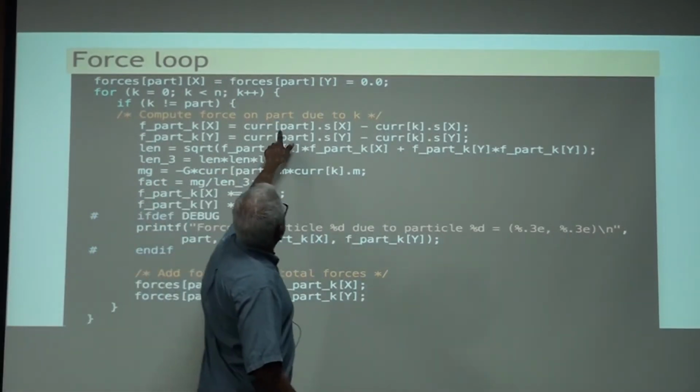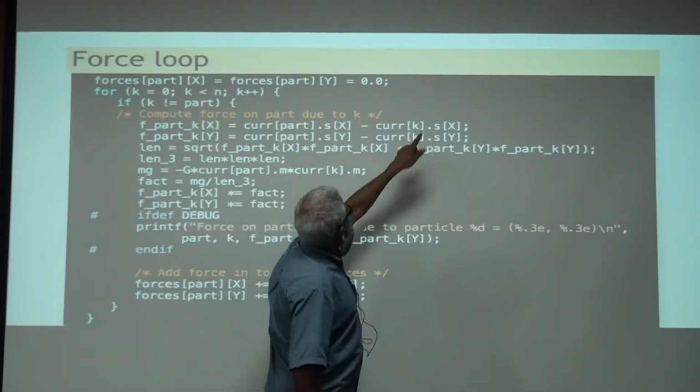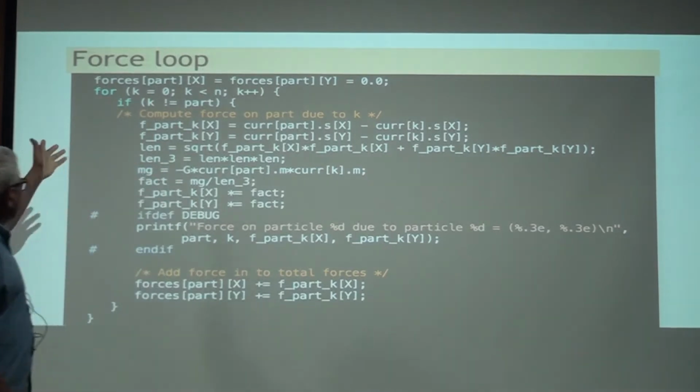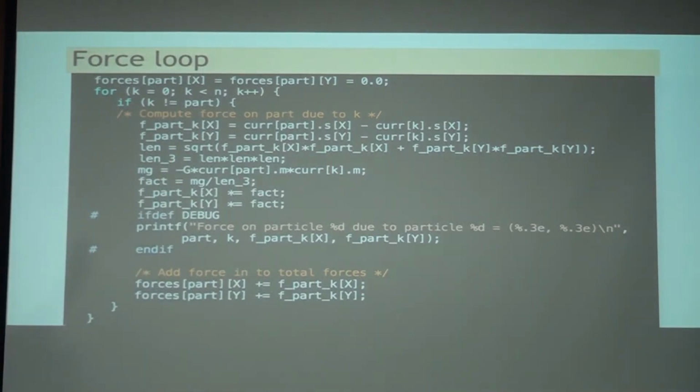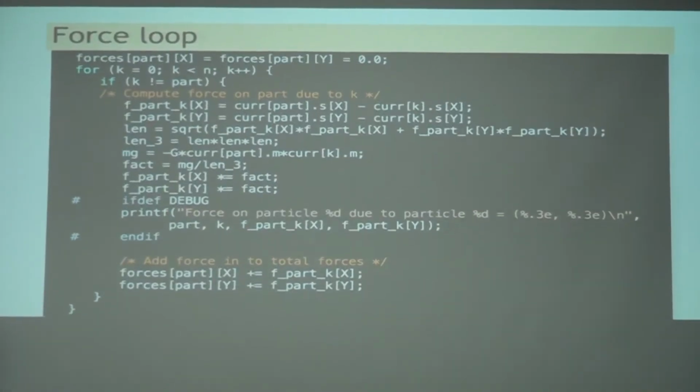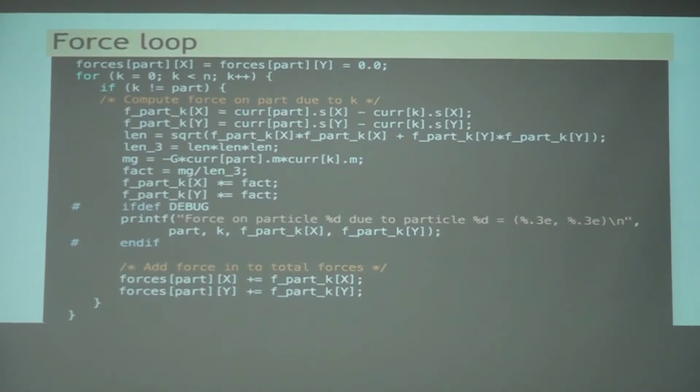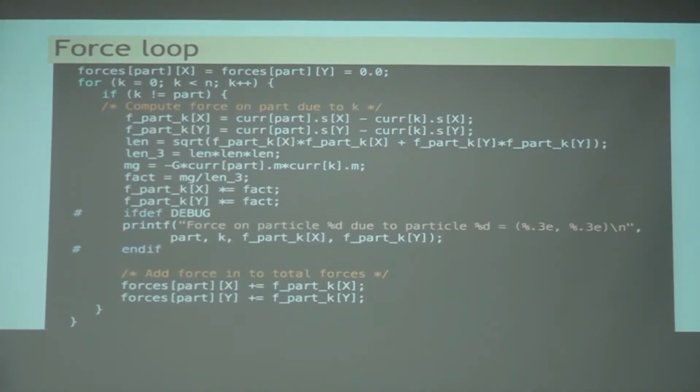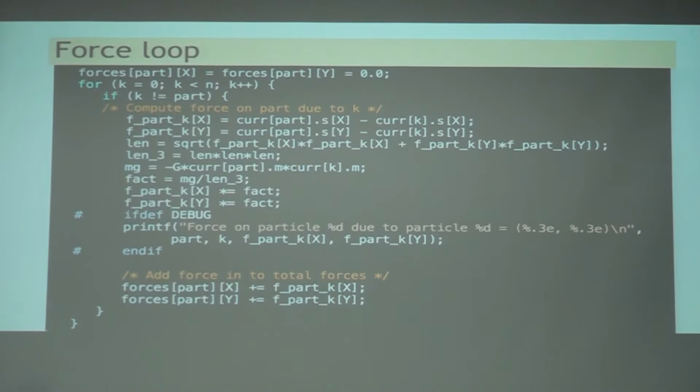Part and k are the comparisons. For every k, we are computing the distance that separates them in the x and y coordinate. So this is a two-dimensional problem. And then it is taking the square root of the quantities x and y there.